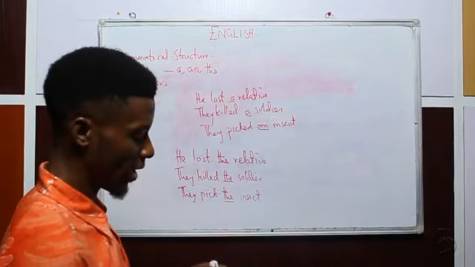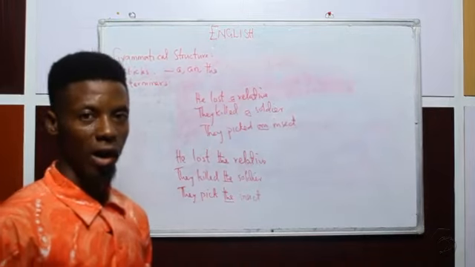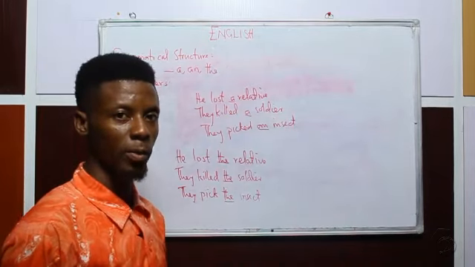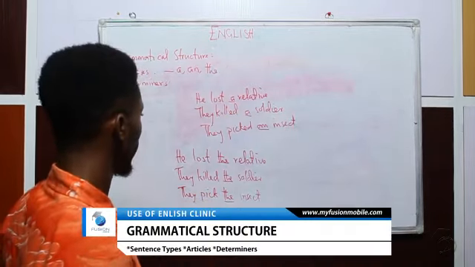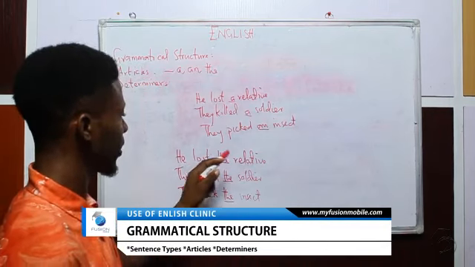Here, a and an are used for general reference purposes. But here, he said he lost the relative.